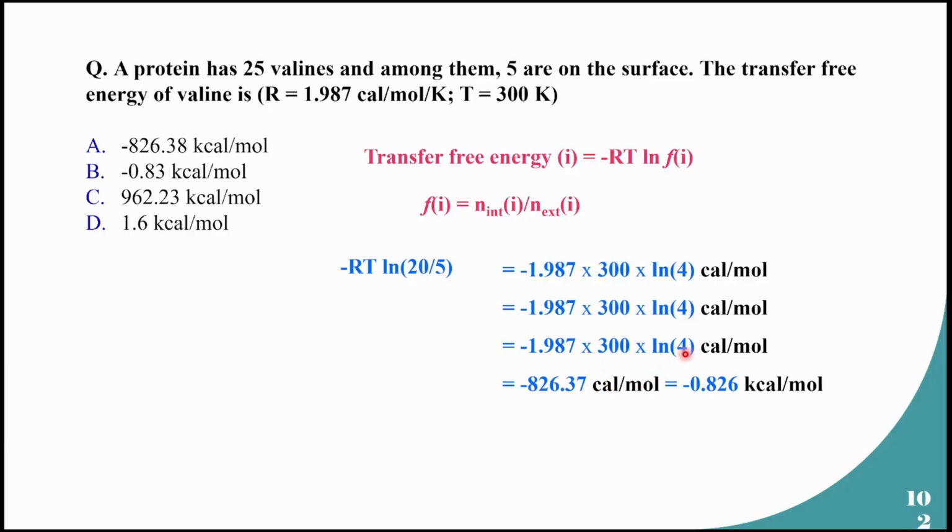In this case, ln 20 by 5, so ln 4, and the energy you get is minus 0.826 kcal per mole.